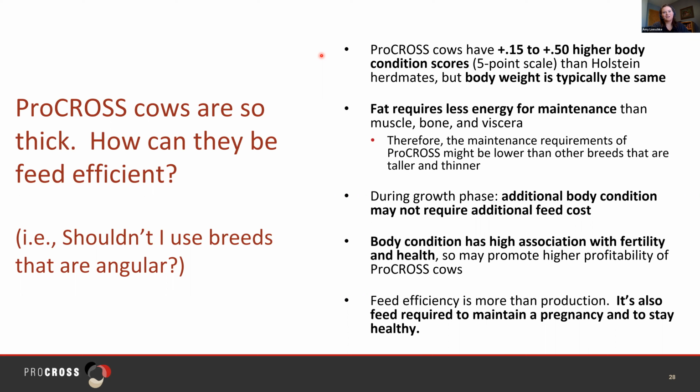And guys, that's a really crude way to think about feed efficiency, because feed efficiency is more than just the production component. It's also what does the cow require to maintain the pregnancy and to stay healthy? So I really look forward to a day in our industry when we consider those components, because that really plays into the profitability of our dairy systems.